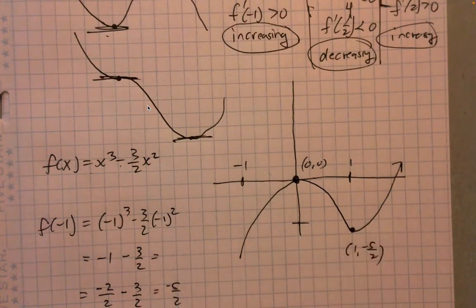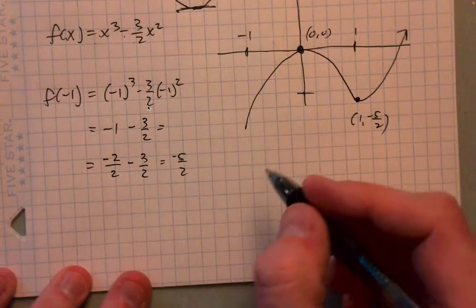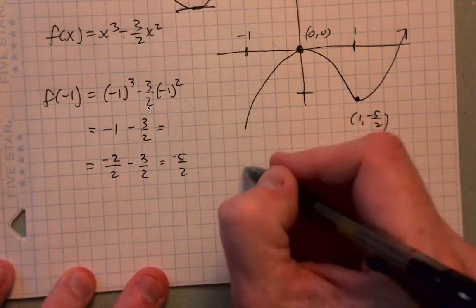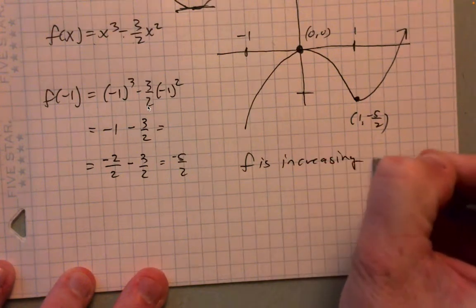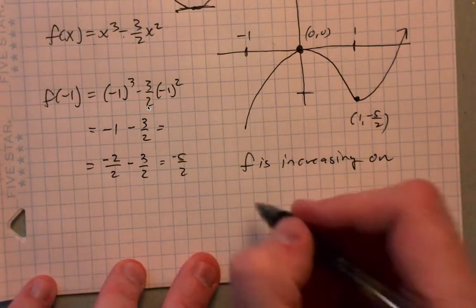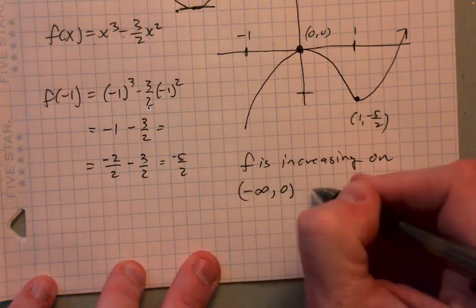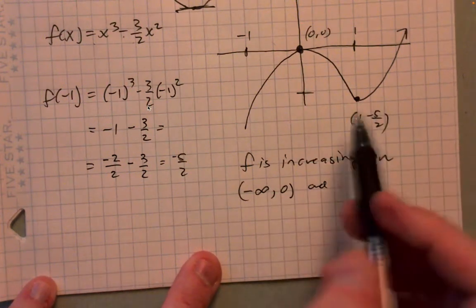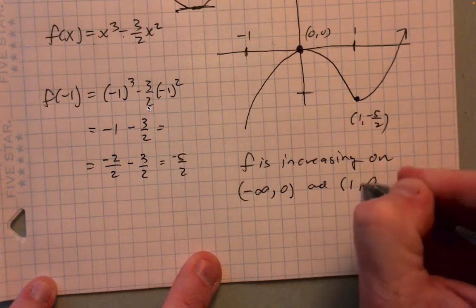Okay, and so remember, our initial question was to find the open intervals on which f is increasing or decreasing. And so we can answer that question now. We can say that f is increasing on -infinity up to 0, and then it's increasing here as well, from 1 to +infinity.